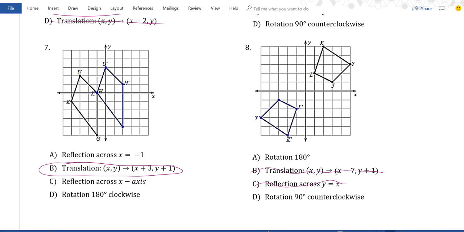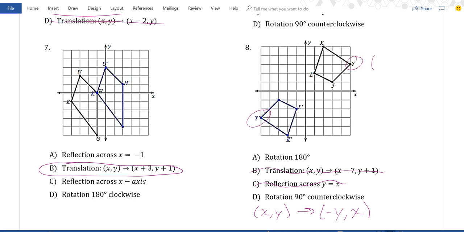So let's check D first with that 90-degree counterclockwise. For this, we know our rule is that for our original coordinate x, y, we're going to go to negative y, comma, x. Let's check this with the point Y. We're looking at Y and Y prime.